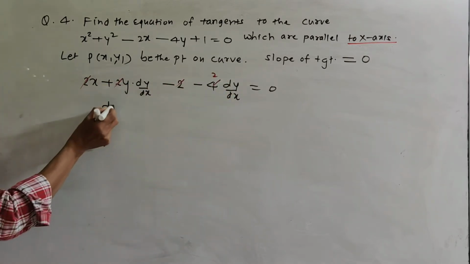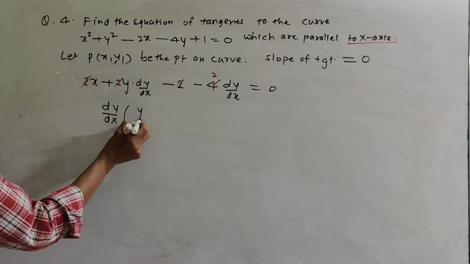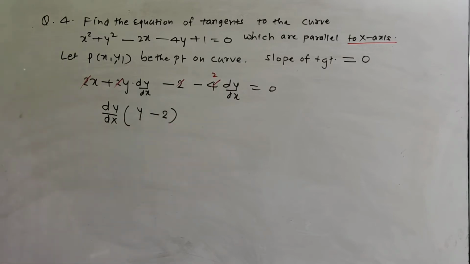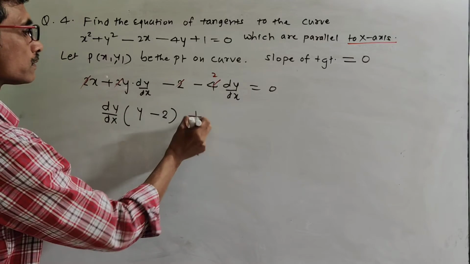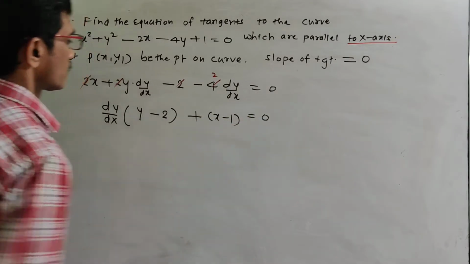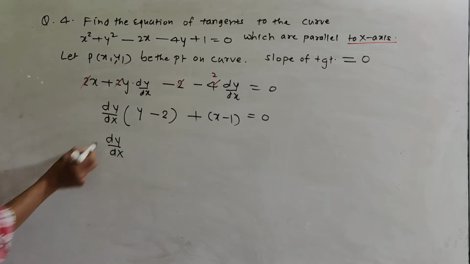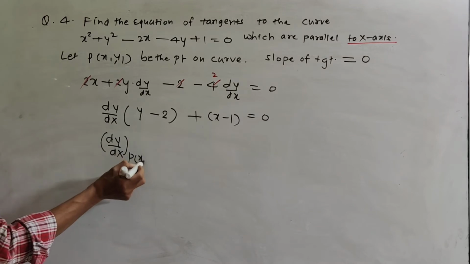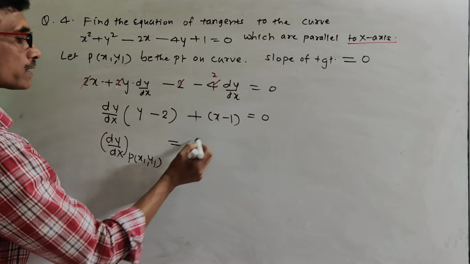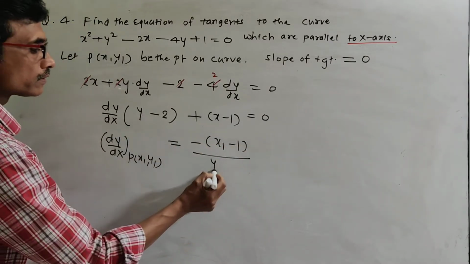So dy by dx into y minus 2, plus x minus 1 is equal to 0. Therefore dy by dx at the point P x1 y1 will be equal to minus x1 minus 1 upon y1 minus 2.